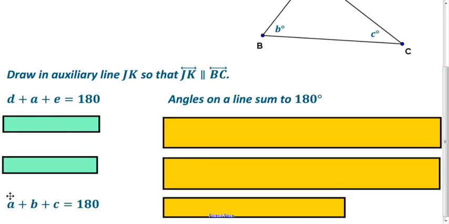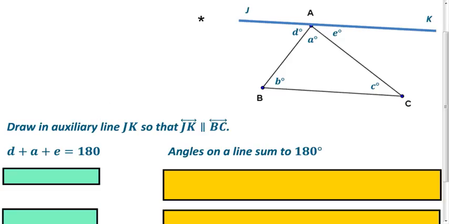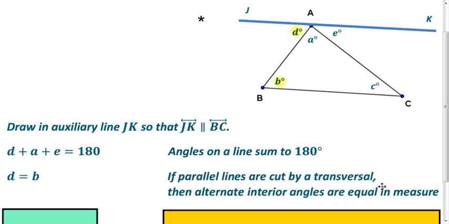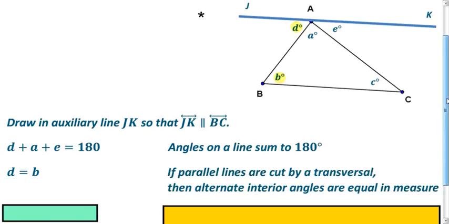A is okay, but we want to replace D and E with B and C somehow. How can we do that? How is D related to B? These lines are parallel, so those are alternate interior angles. Their measures must be equal. And the same goes for E and C.